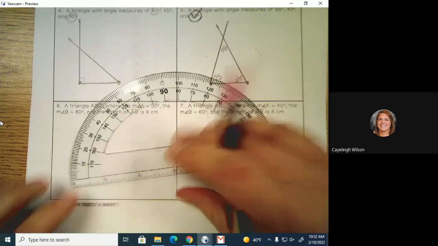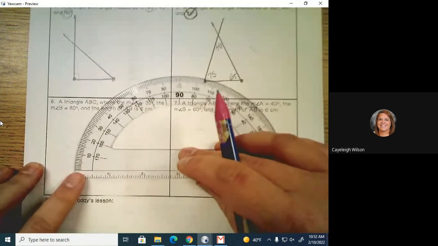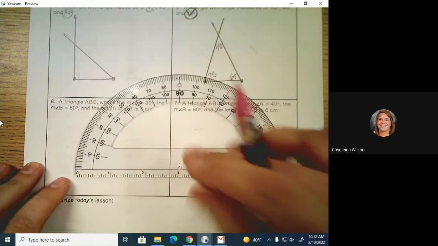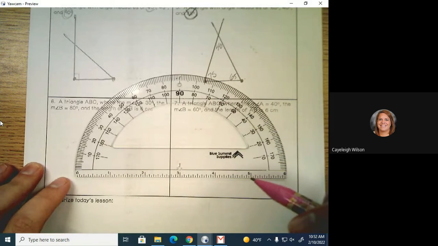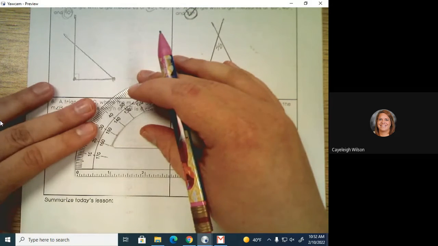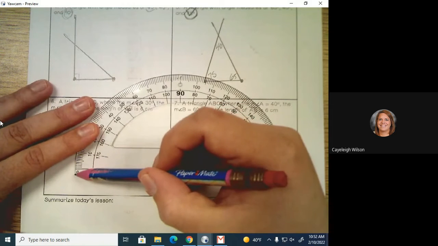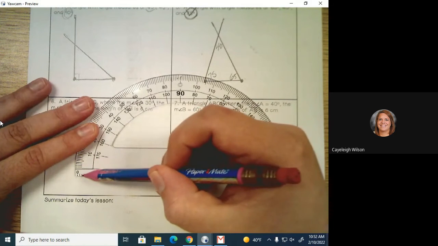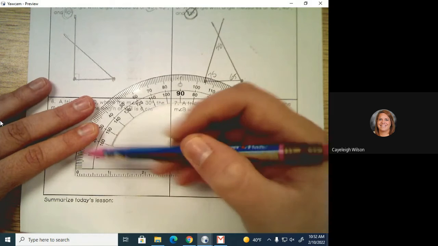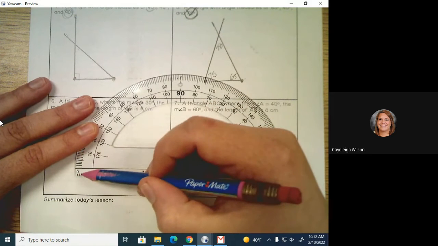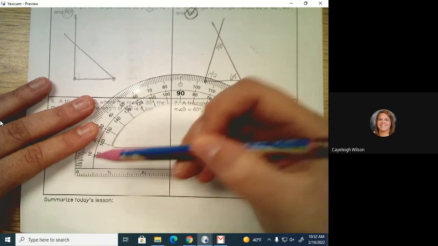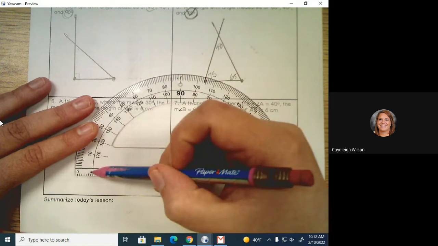At the bottom of your protractor is a ruler, and I'm trying to put 6 centimeters on there. Look at the board. Here's 0, 1, 2, 3, 4, 5.